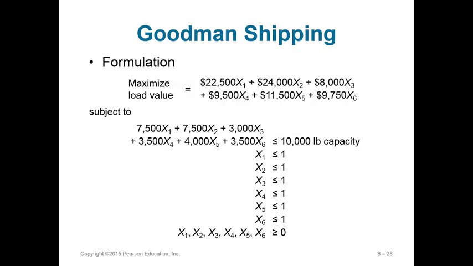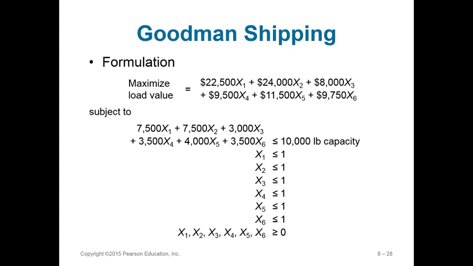You want to maximize the value that goes in here, so the number of each of these items that's in there, but you have to have a certain amount of weight for each one of those as well, and there's a maximum of 10,000 pounds of capacity, and you can't have more than one of any one of those things. There's just one of them. So they're trying to get as much value in there, but they've got just one of each of these items. So we're not looking at 15 items or whatever. You've just got a bar of gold or whatever it is.